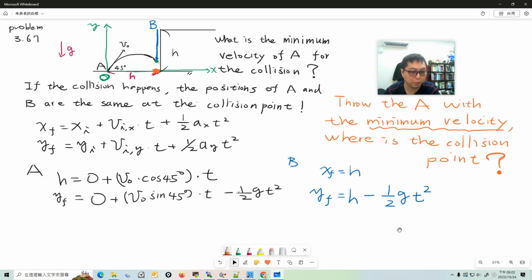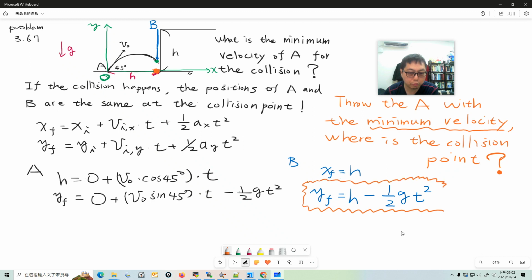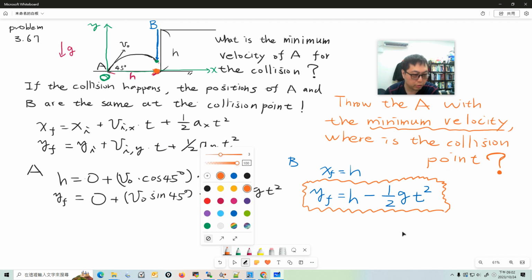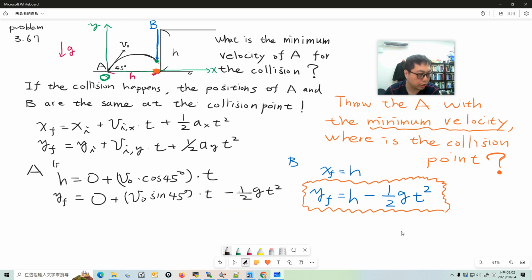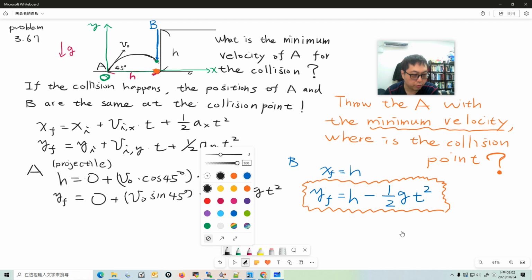This gives you very important information. Let's circle this: the y position, the position of the free falling motion. A is projectile, and B is free falling.